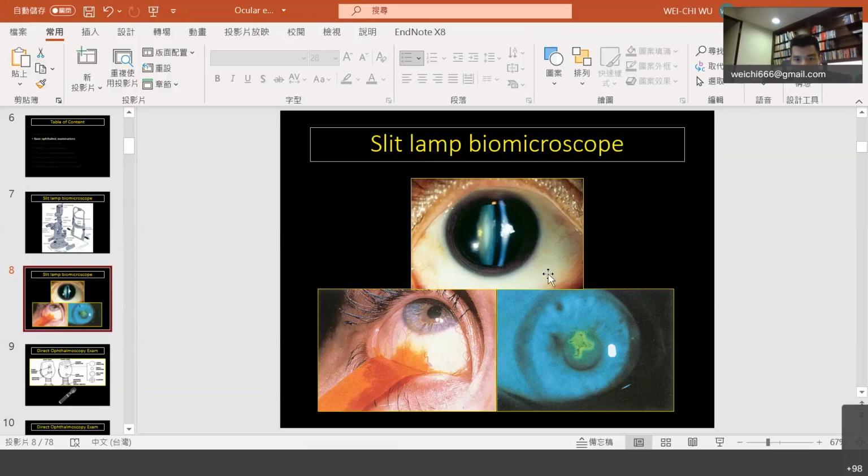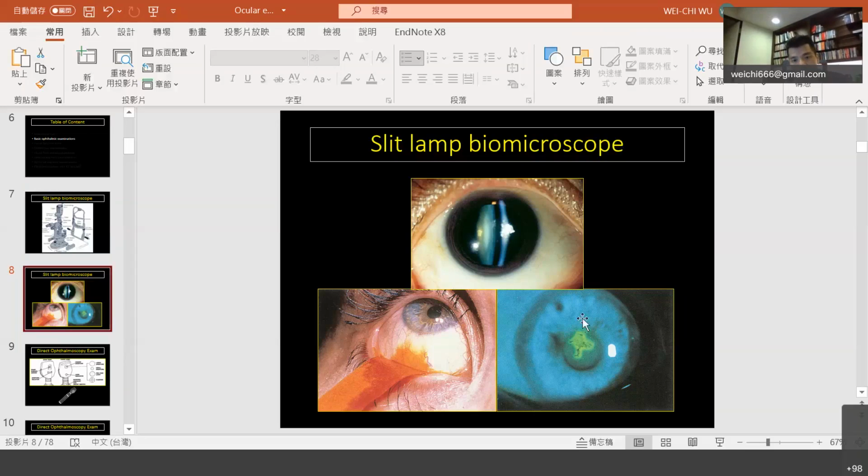And so why is this essential? Because with this instrument, you could evaluate a significant proportion of the eyeball condition.